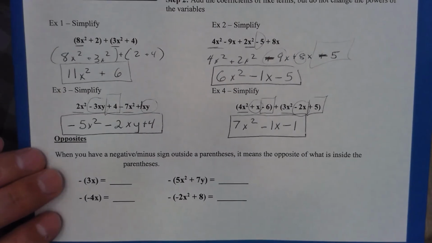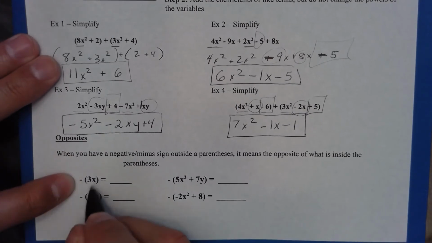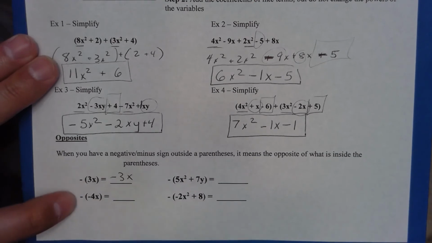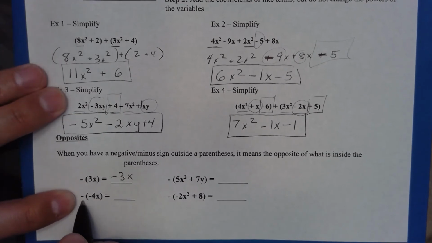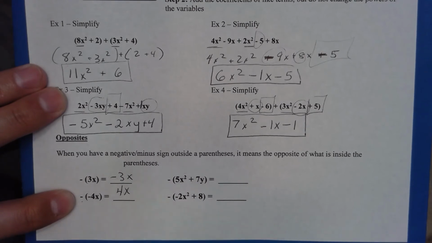Further down, when you have a negative, or minus sign, outside parentheses, it means the opposite of what's inside the parentheses. So this is changing the inside to be a negative 3x, while this negative and this negative turn to a positive to be positive 4x.